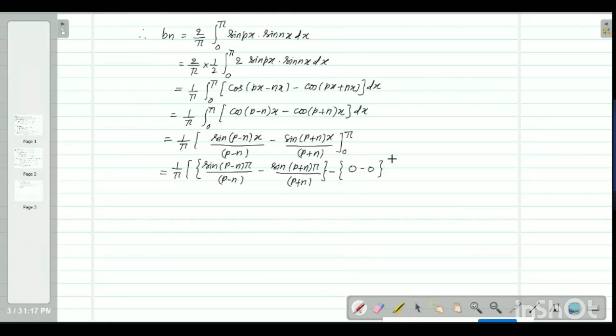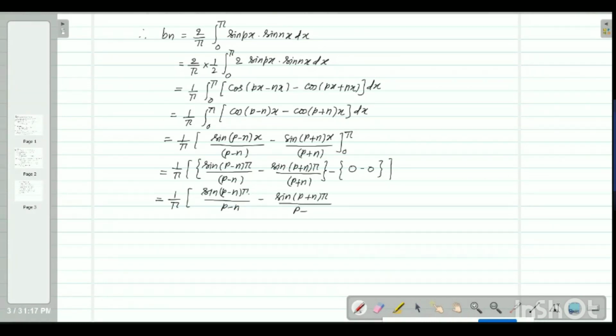Close the bracket. So this equals 1 upon pi, sine of p minus n pi by p minus n, minus sine of p plus n pi by p plus n.